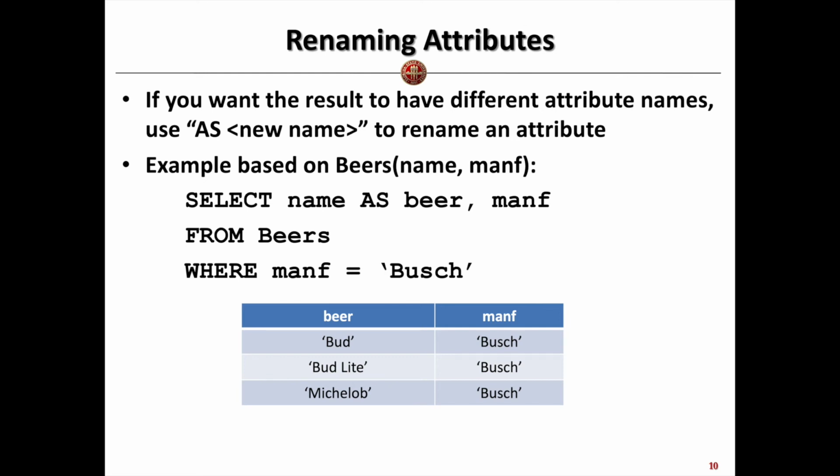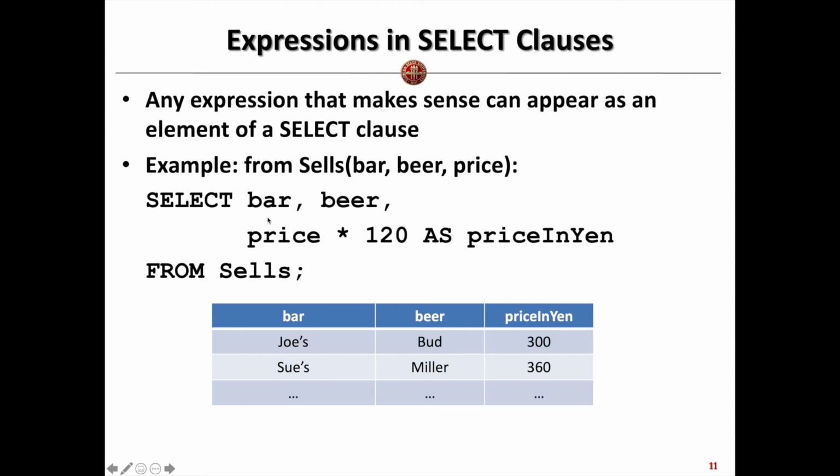Besides renaming, we can also do some interesting things in the select clause. For example, we can use expressions in the select clause. What does this mean? Any expression that makes sense can appear as an element in the select clause. Here we use an example on the sales table with bar, beer, and price. It means the bar sells beer with some price.